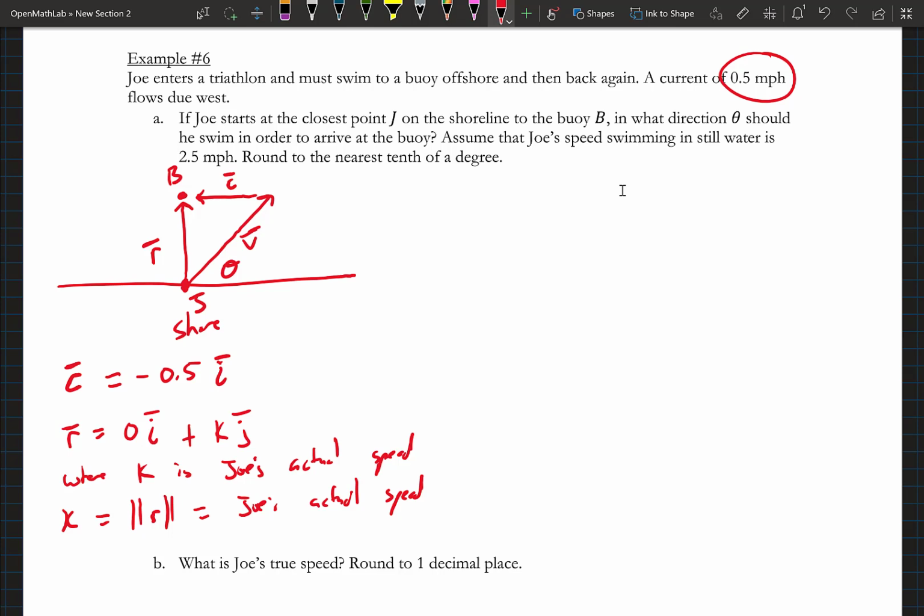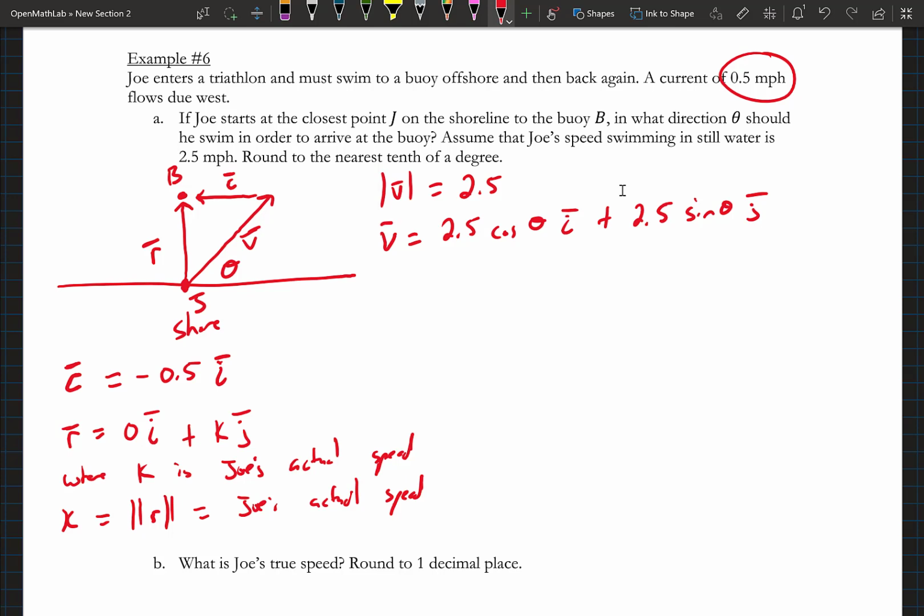So then the magnitude of vector v is equal to 2.5 miles per hour, right? So that means that vector v is going to be equal to 2.5 times cosine of theta times vector I plus 2.5 times sine of theta vector j. And that's just using some of the forms presented before.